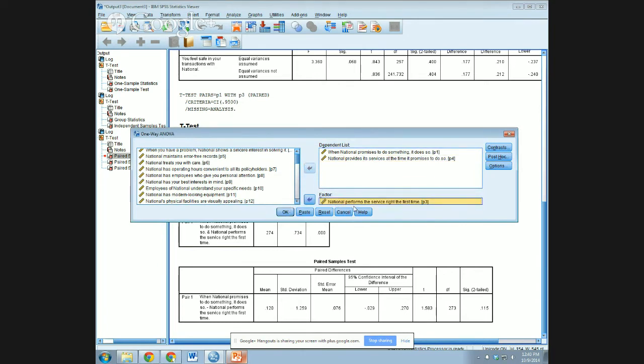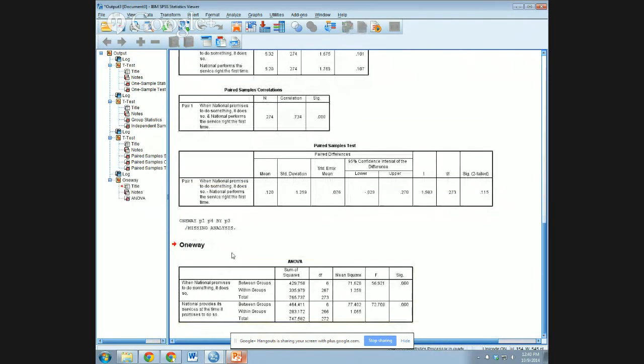I want to see the factor between these groups. When National promises to do something, it does so. Does that have any relationship with whether they do it right the first time?